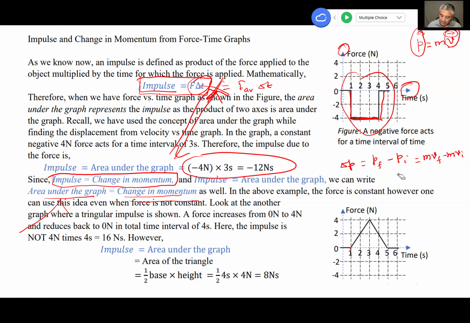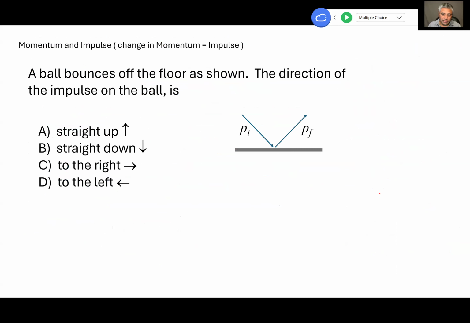So change in momentum can be found through the impulse, but sometimes you may be given just the momentum vectors, pi, pf, and nothing else. In that case, you have to use the two-step method of drawing, right? Finding the difference in vectors, okay? And that's what this example is about.